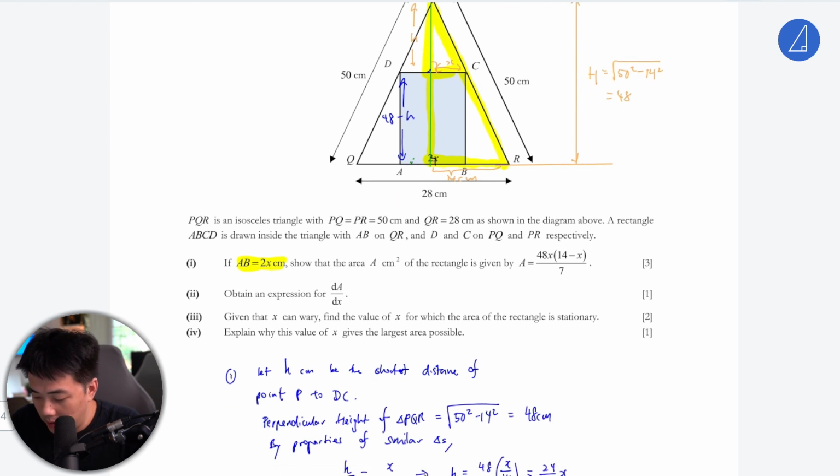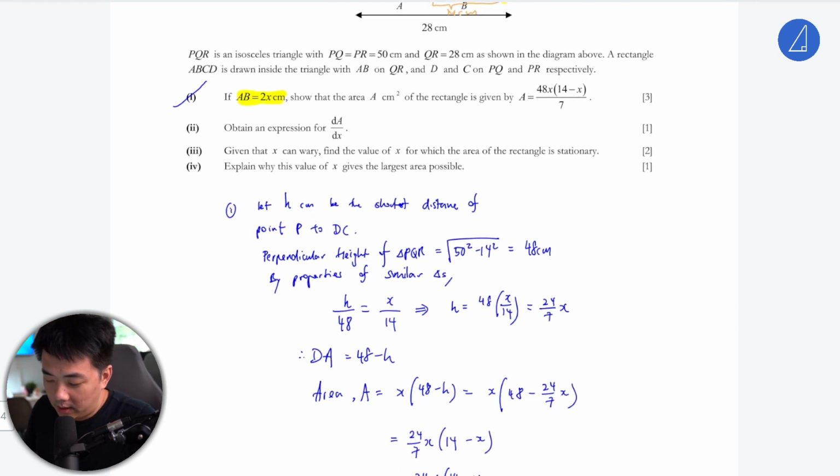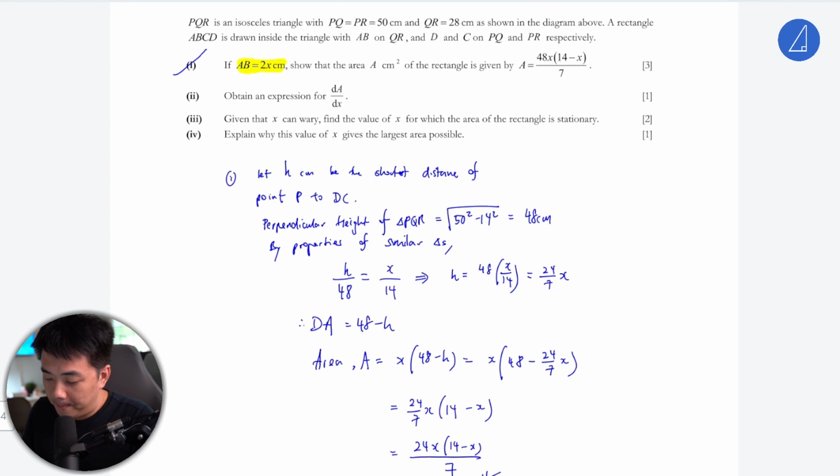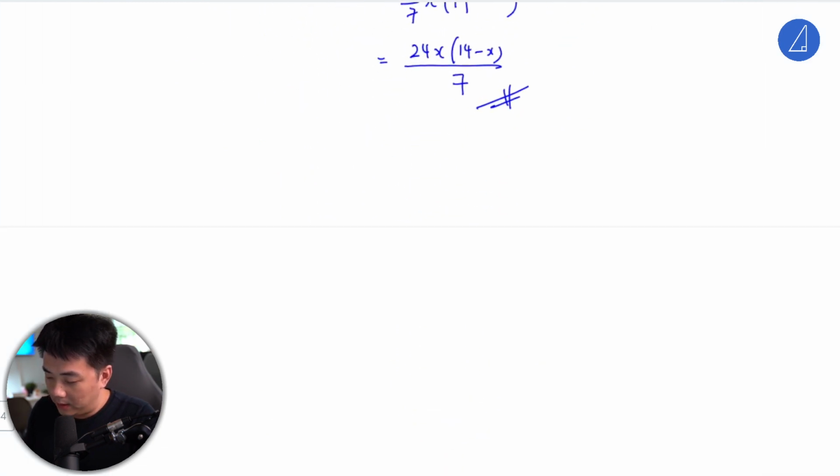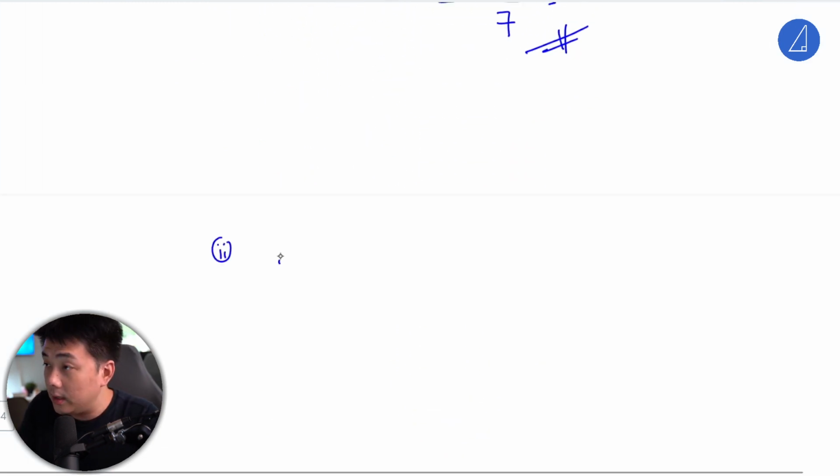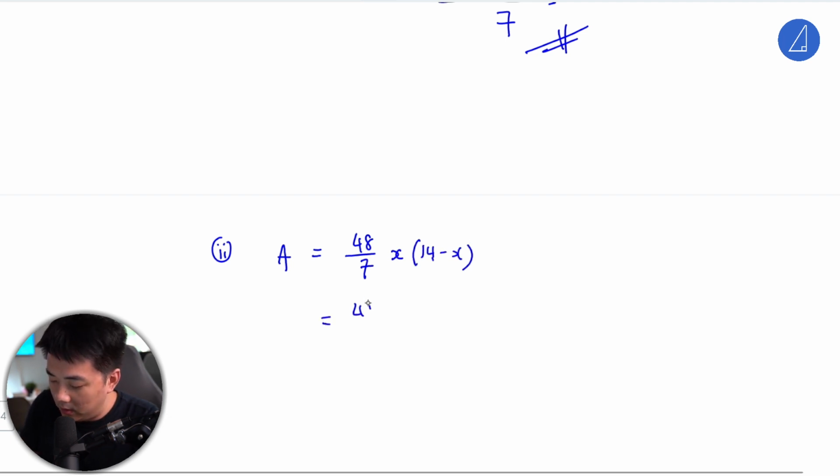All right. So let's obtain the expression of dA/dx. I think this should be quite quick. Let's look at part 2. If A is equal to 48 over 7 x(14 minus x), could I just expand this? This is 14x. I think this is easier.